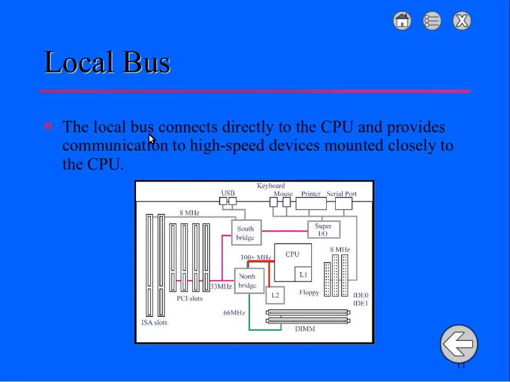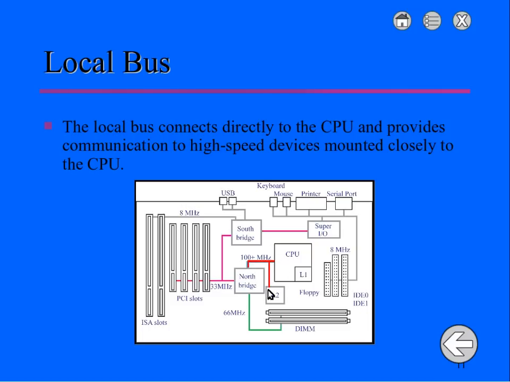The local bus's job is to communicate between the CPU and the North Bridge chip, the other large integrated circuit, which is located very close to the CPU. And the front side or local bus carries the fastest data on the motherboard, except inside the CPU itself.